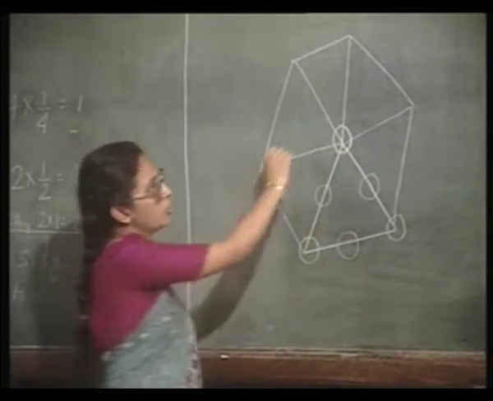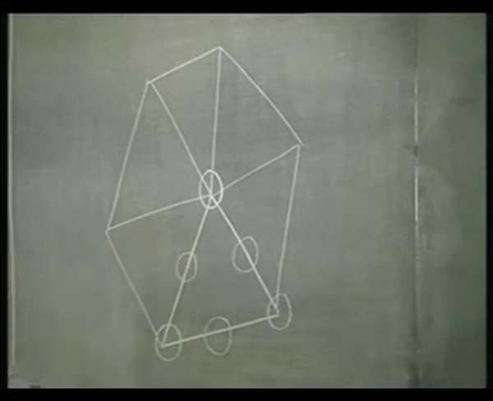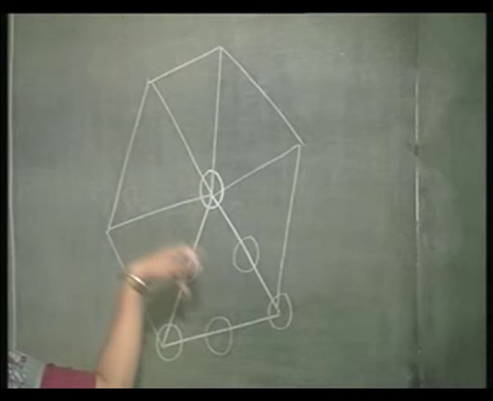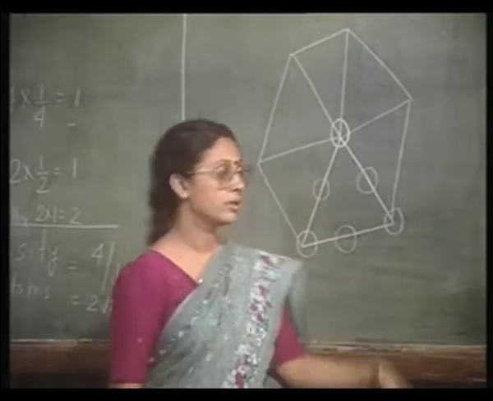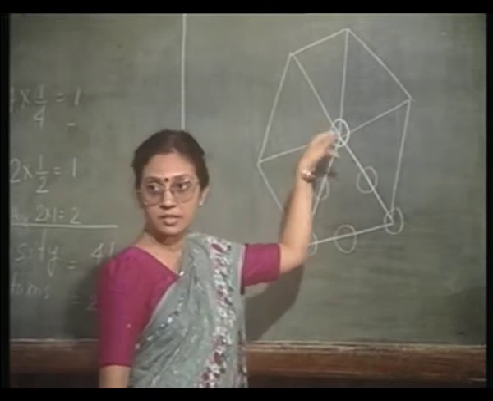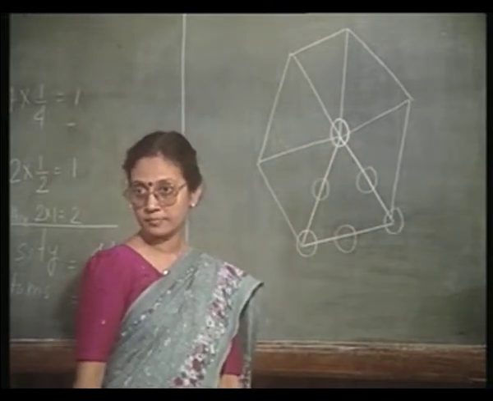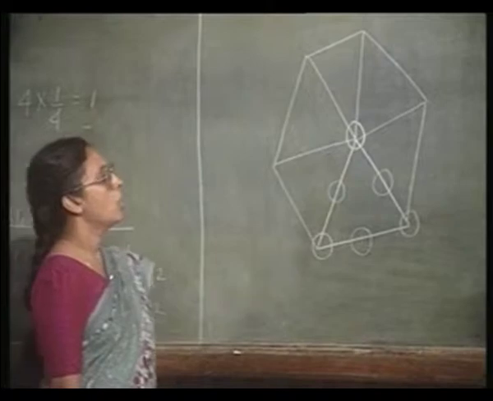That is, I have 1, 2, 3, 4, 5, 6 planes. It is a hexagon, it has to be, right, because this is actually an equilateral triangle, each triangle having 60 degrees. So, I have 6 such triangles basically. Okay.